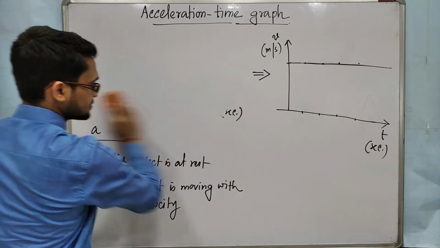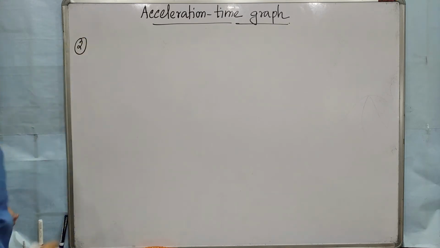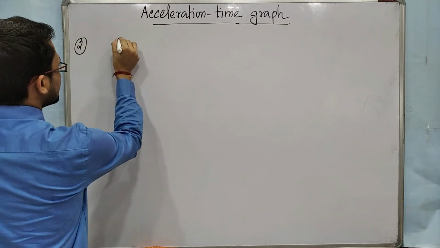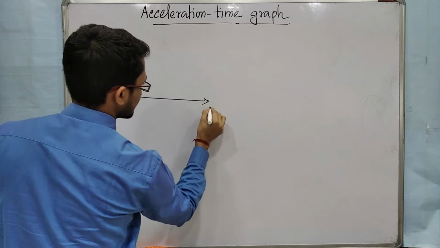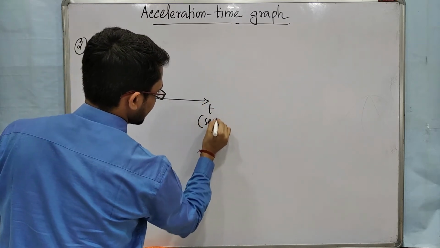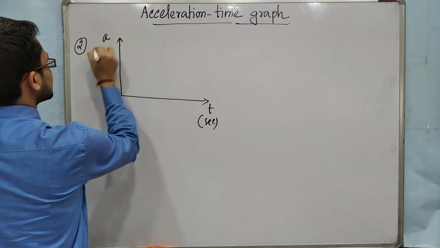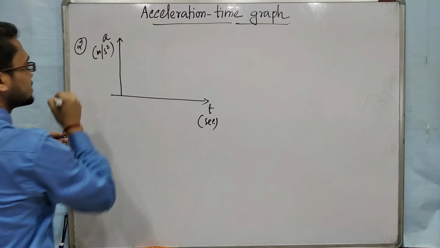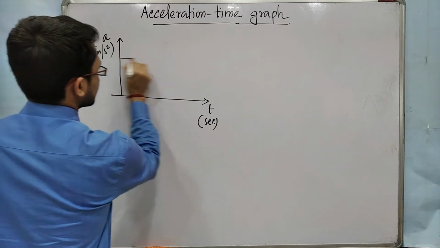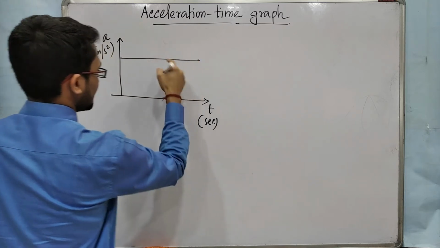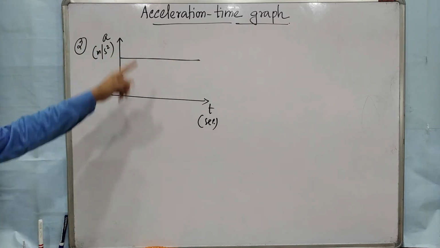Now the second one, suppose the curve looks like this. This is time in seconds, and this is acceleration in meter per second square, and the curve is parallel to the time axis.